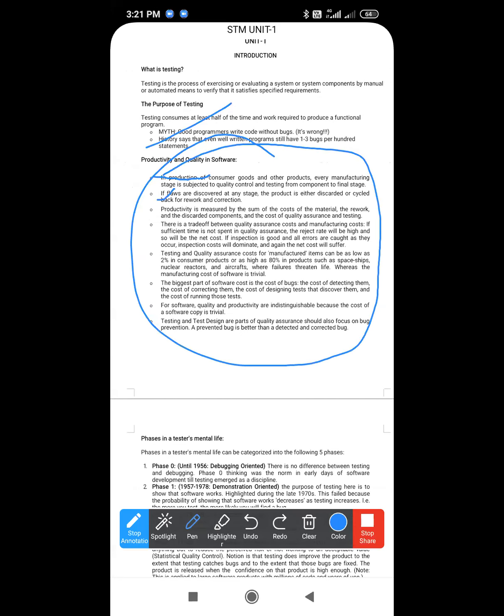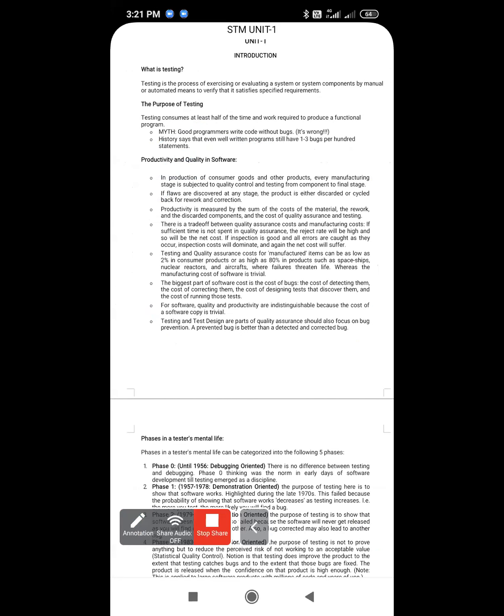Next one, in these manufacturing and quality assurance costs, if sufficient time is not spent in quality assurance, then the reject rate will be high. So we will see the next cost, the net cost. Next one, inception cost will dominate, and again the net cost will suffer.